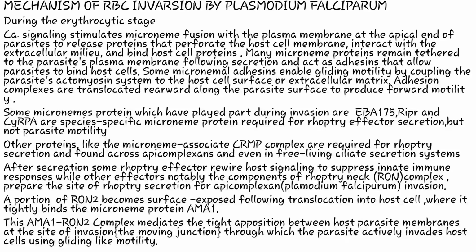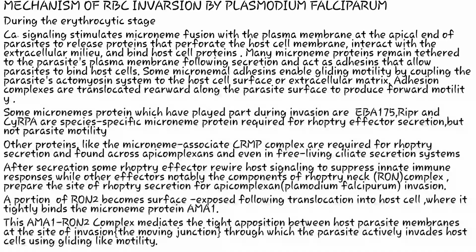Once they are there, they expose RON complex number 2, so that it can bind with the apical membrane antigen to form a tight junction, which acts as a moving junction to allow the parasite to move in. As I said, adhesin complexes are translocated rearward along the parasite surface to produce a forward motility.